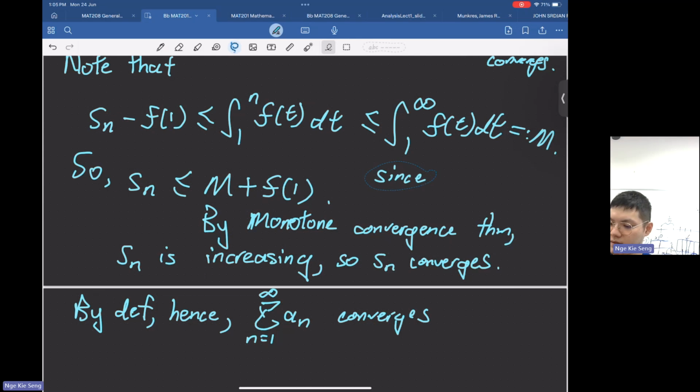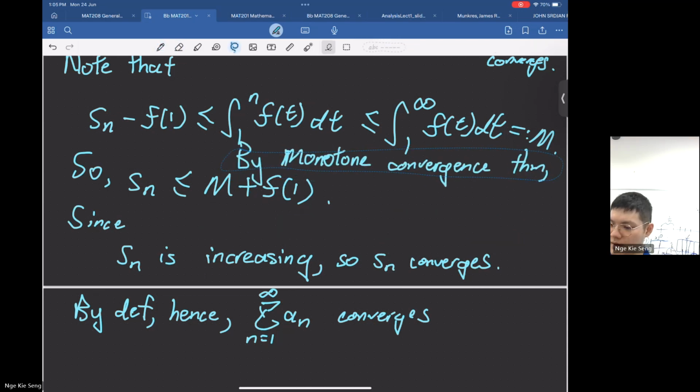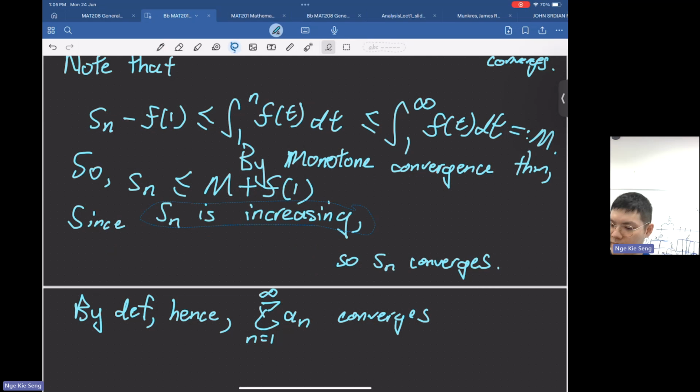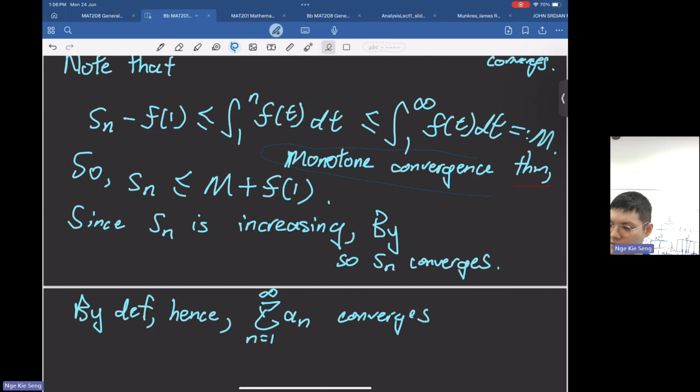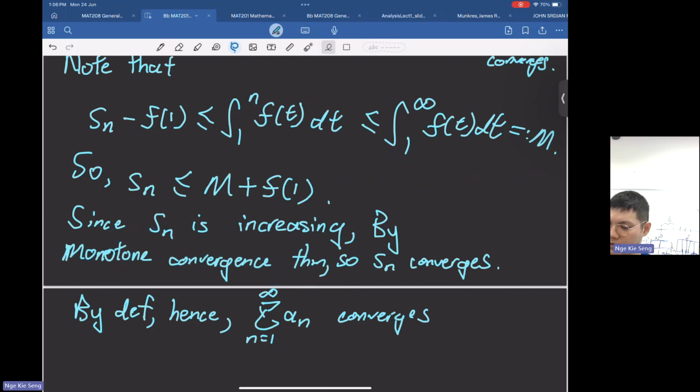So since Sn is increasing, by the monotone convergence theorem, Sn converges.